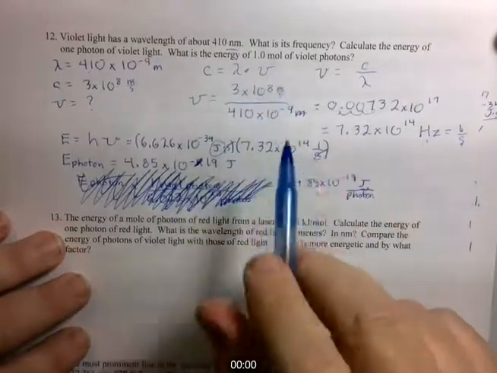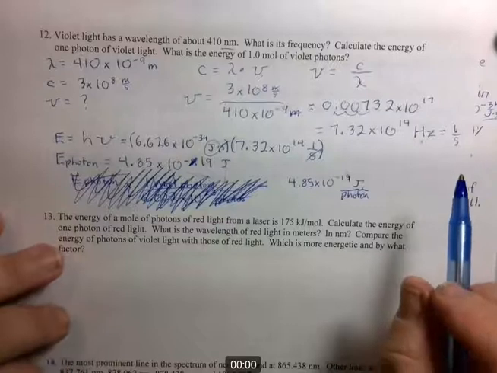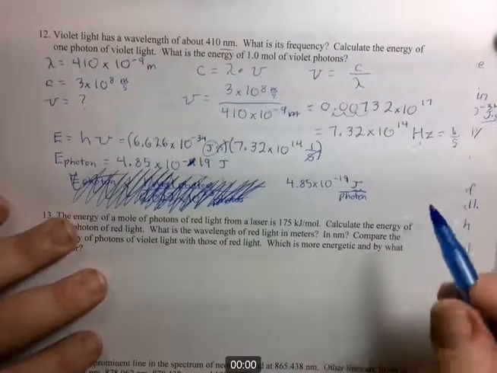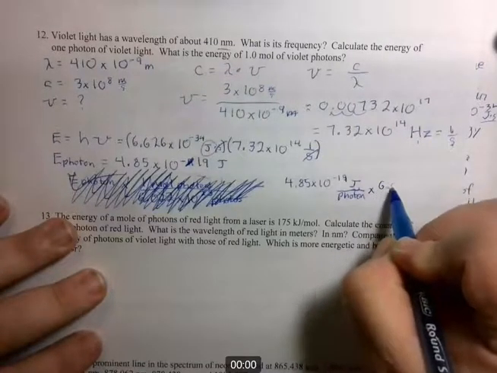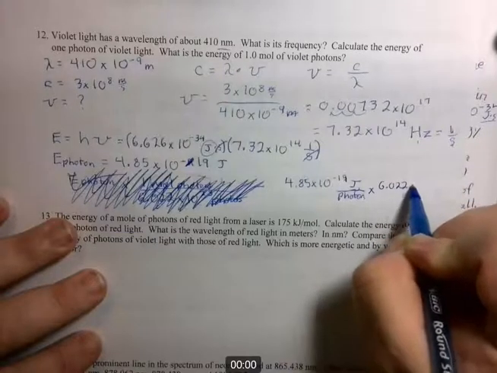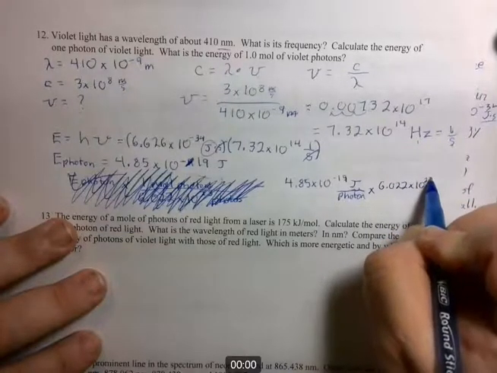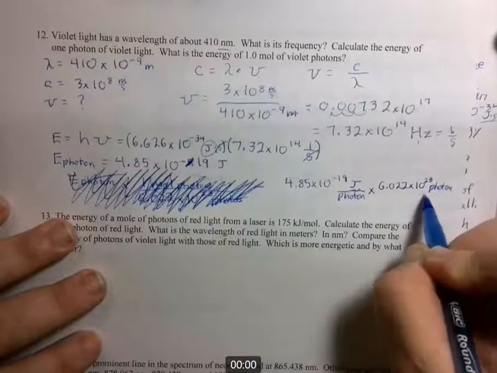And how much is 1 mole of photons? It's 6.022 times 10 to the 23rd photons per mole of photons. A mole is 6.022 times 10 to the 23rd of anything. In this case, we're interested in photons per mole.